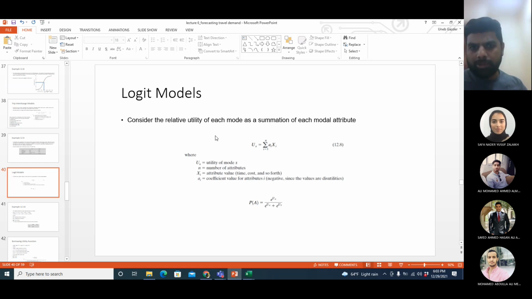This is why we call it the logit model. So the logit model can be applied to anything. Instead of utilities, you can have any values here. Whenever you are taking the ratio of the exponentials like this, we call it the logit model.